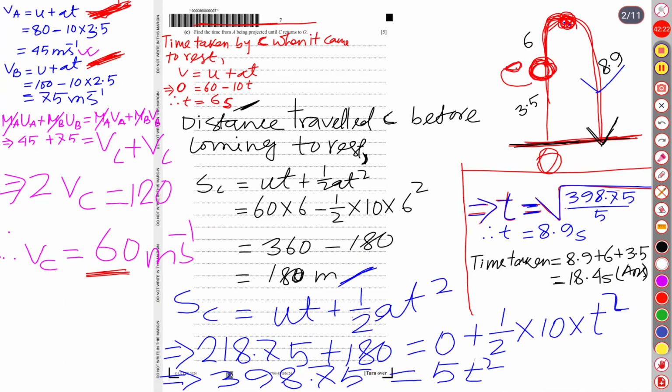But when we apply the concept of conservation of momentum, that cannot be the initial velocity. The conservation of momentum concept requires the velocity just before the collision and just after the collision. That's why we found the velocities just before the collision, which were 45 meters per second and 75 meters per second respectively.